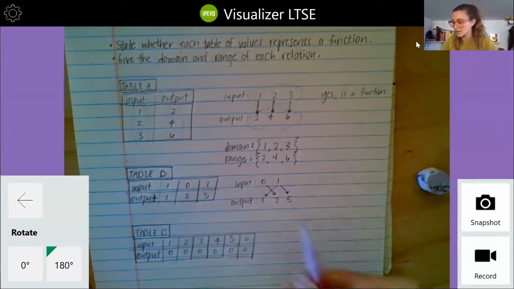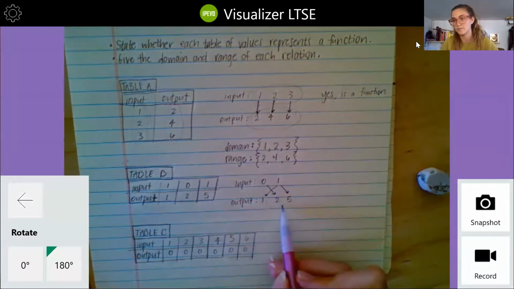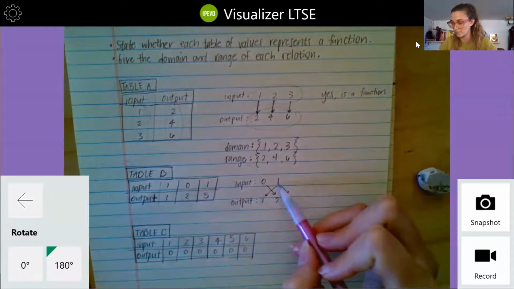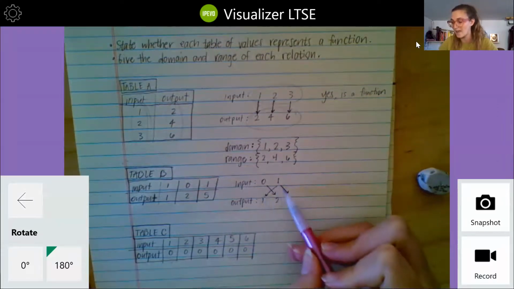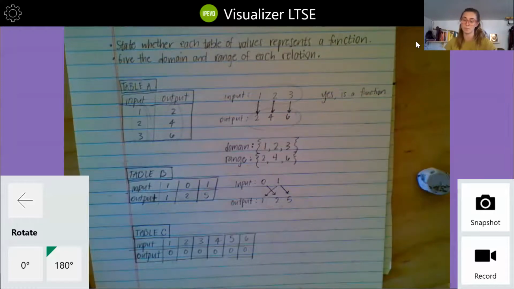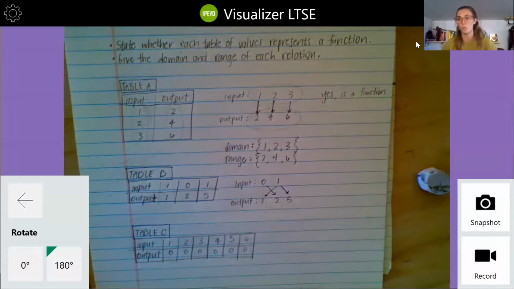So this input maps to only one output. However, this input, my 1, maps to both 1 and to 5. So my input has more than one output, has 2 different outputs.